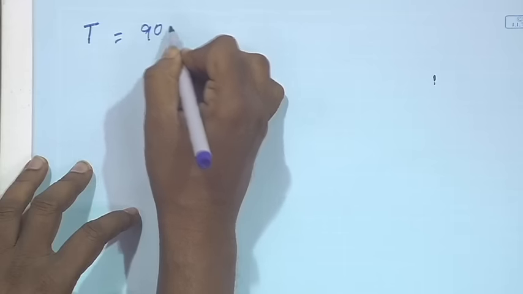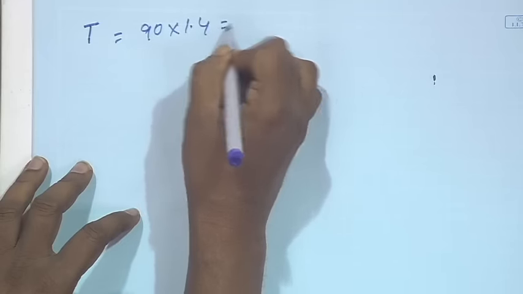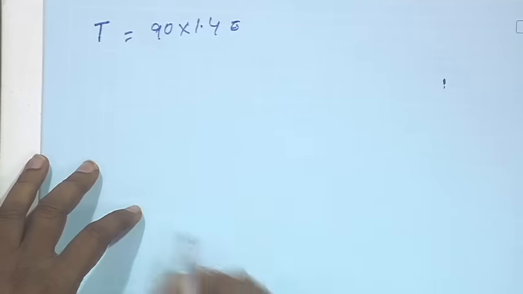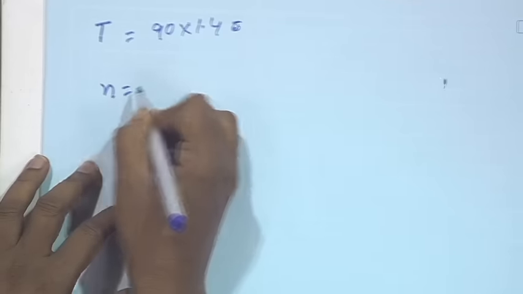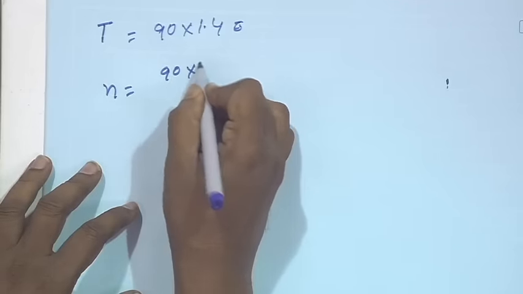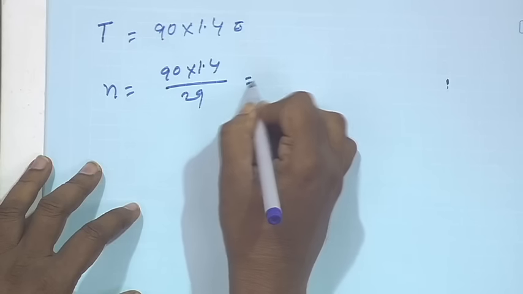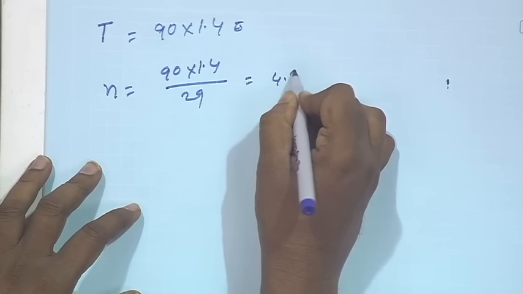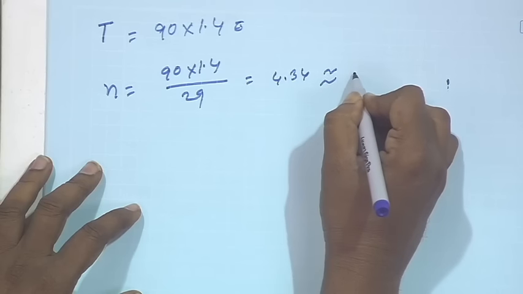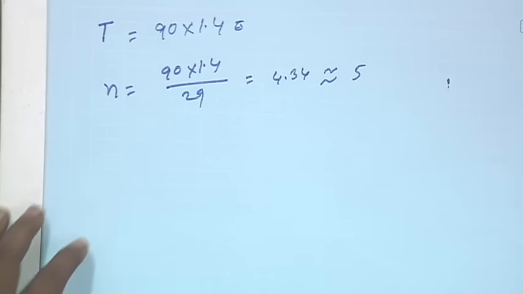Load was 90, so 40% excess, that means 1.4 into 90. So, the number of bolts required will be 90 into 1.4 by 29. So, this is coming 4.34, which is equal to 5.